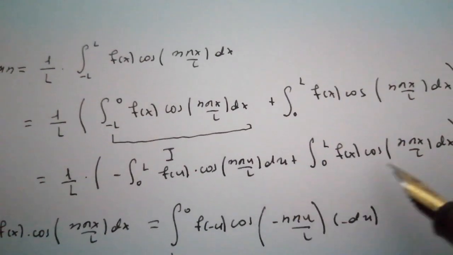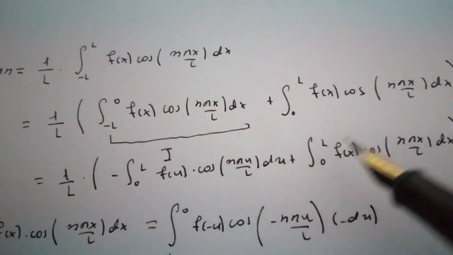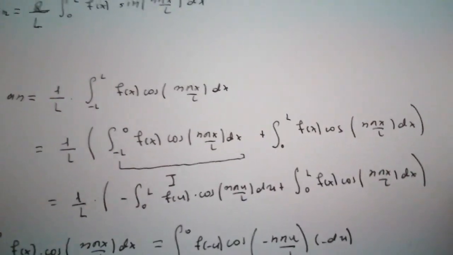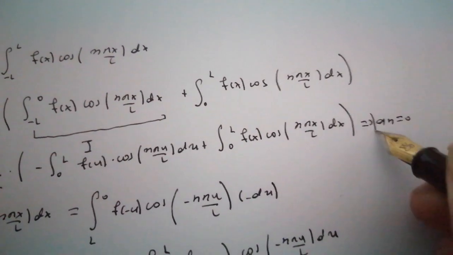So these terms are identical and have opposite sign, so we can kill them, and we obtain that the coefficients an are equal to 0.